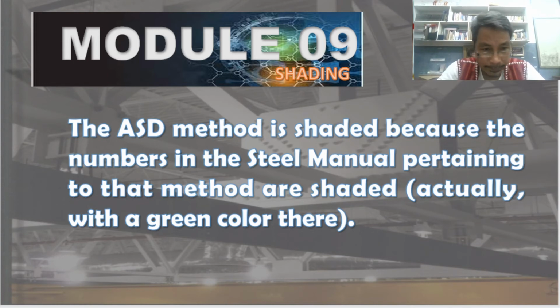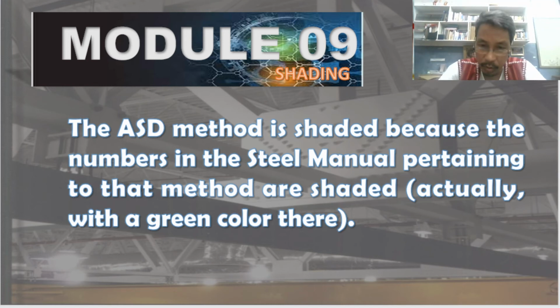And here we just have to inform everyone that we are using a textbook that presents two approaches, LRFD and ASD method, and in the book, ASD is shaded because the numbers in the steel manual pertaining to that method are also shaded.